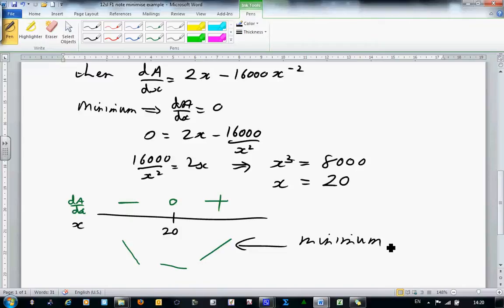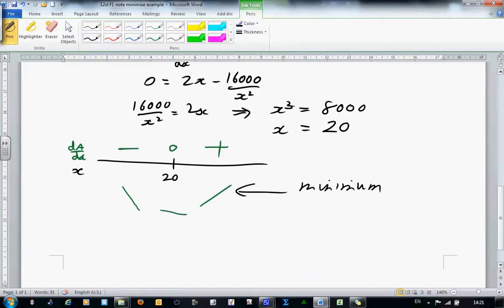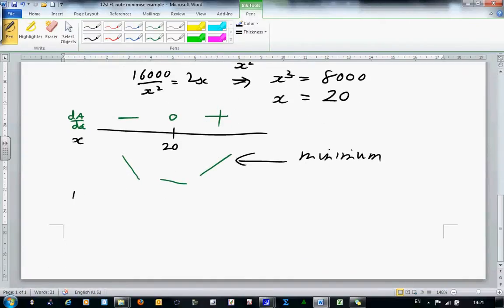We haven't answered the question yet because the dimensions, in order to make this work, well, we have x is 20, but we also have that h is 4,000 over x squared, which implies that h equals, let's put the value of x in there, so that's 4,000 over 400, which is 10.